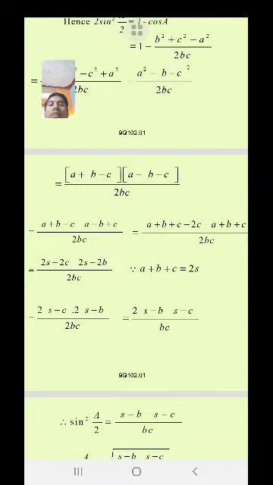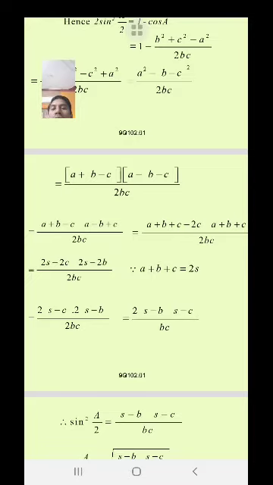And a plus b plus c equals 2s. So in place of a plus b plus c, we write 2s. So 2s minus 2c, kept in a bracket. And in the second factor also the same. In place of a plus b plus c, write 2s. So it is 2s minus 2b, and it should be in a bracket, divided by 2bc.